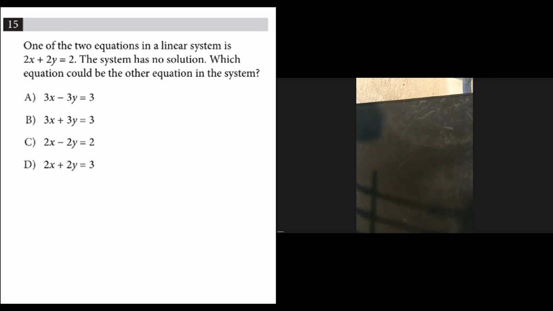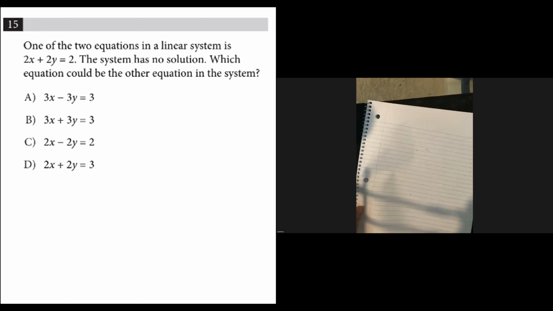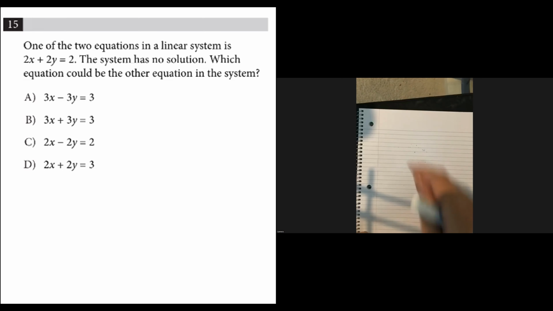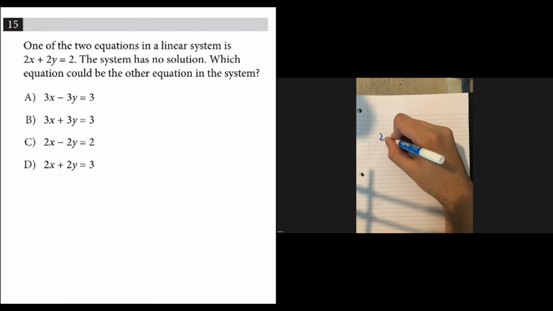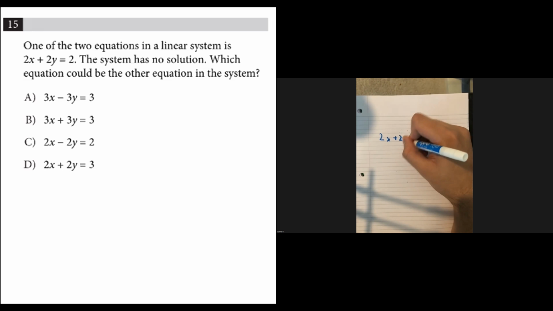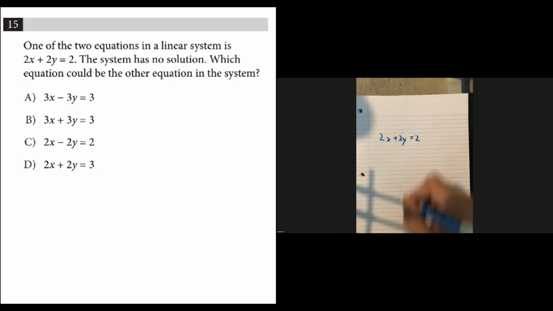And then so for this one, it says one of the two equations is 2x plus 2y equals 2. And it says the system has no solution. And so for a system to have no solution, the lines must be parallel.